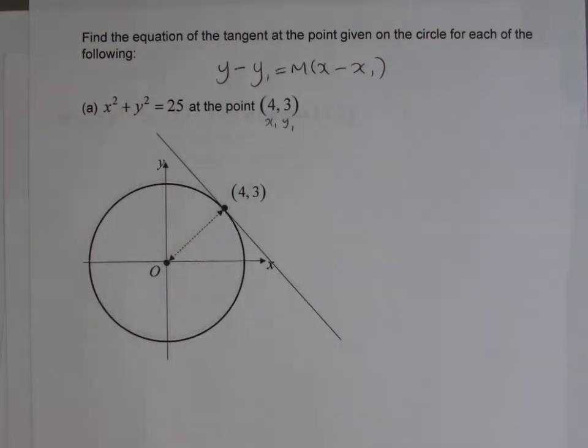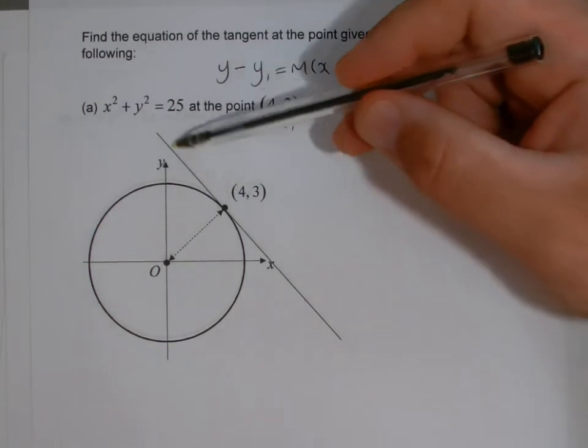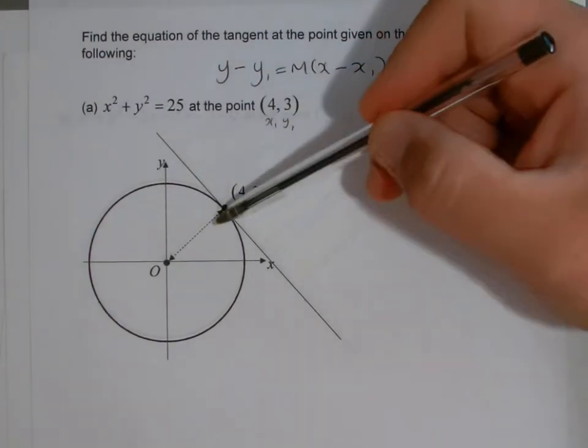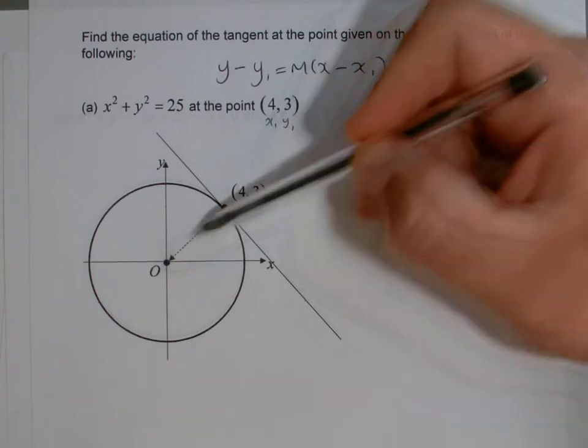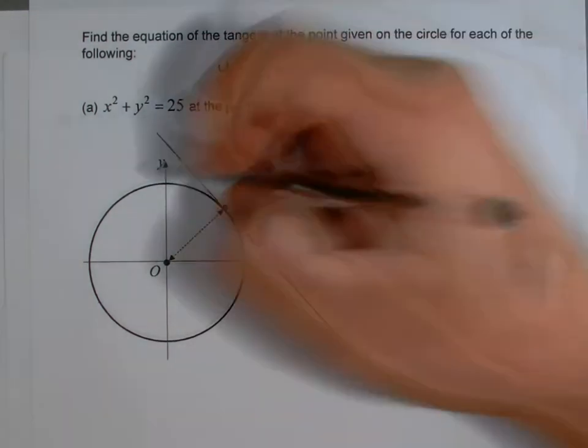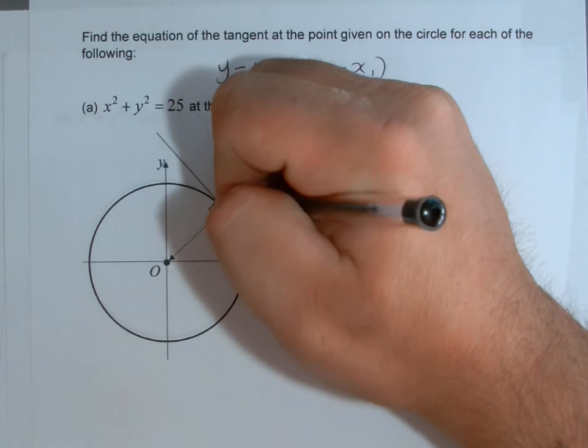They don't tell us in the question, however we can work it out, and it's all to do with using the circle theorem. And the circle theorem says that a tangent touches the circle so that it is at right angles to the radius. So I've drawn a radius in here, and there will be right angles.